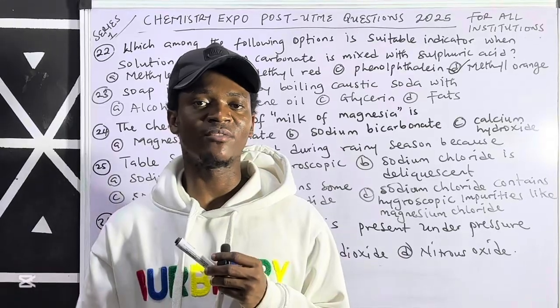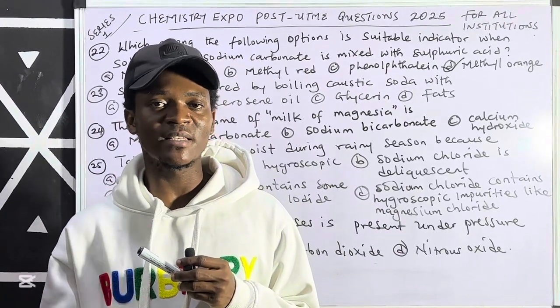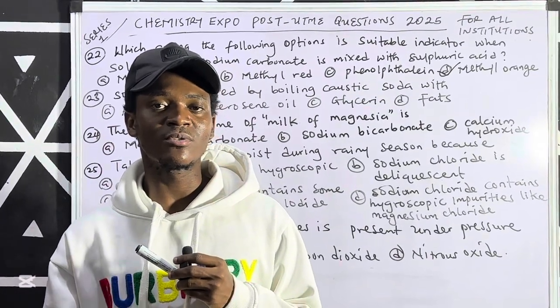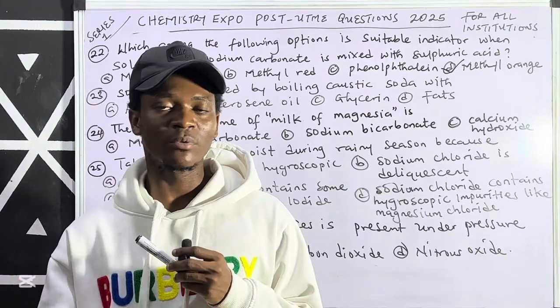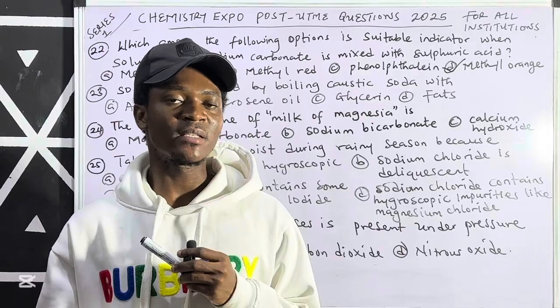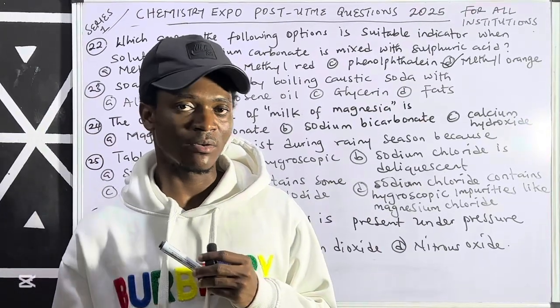And what is saponification? It's a process that involves alkaline hydrolysis. When I say alkaline hydrolysis, it simply means it involves the use of a caustic alkali, and that can come in the form of potassium hydroxide or sodium hydroxide. And then you are using that to cause the hydrolysis of fats and oils.